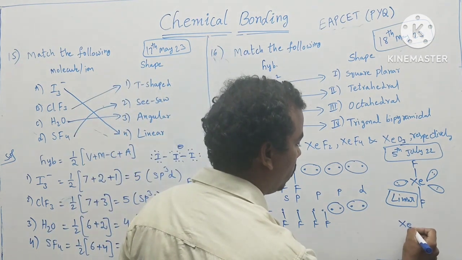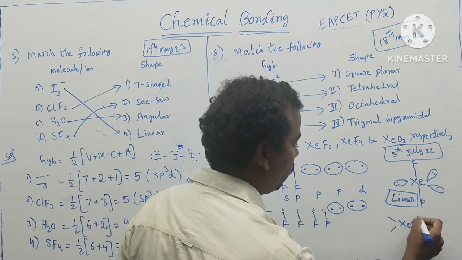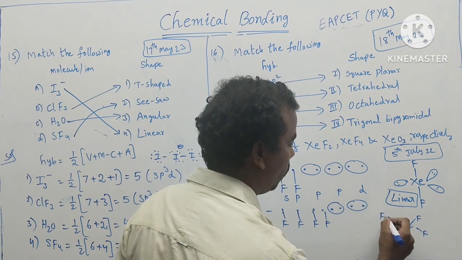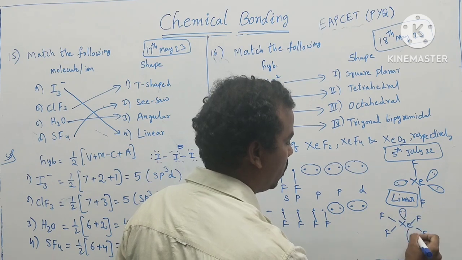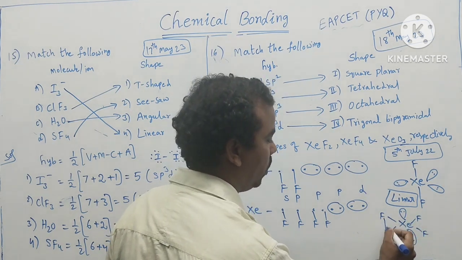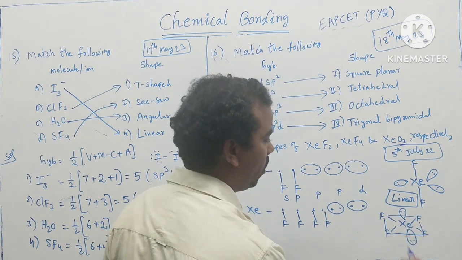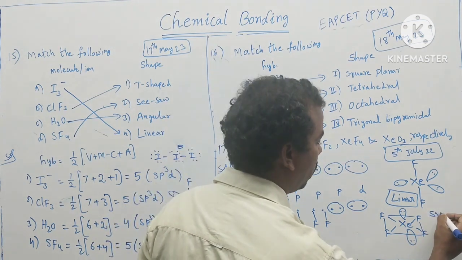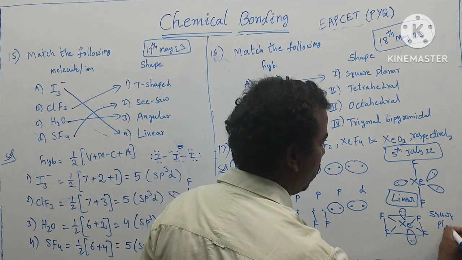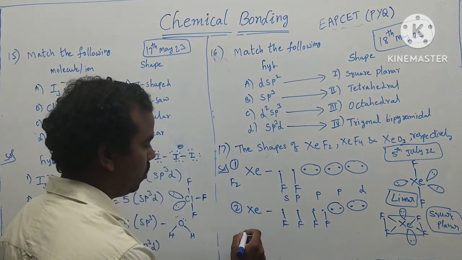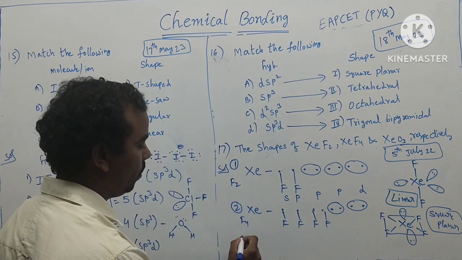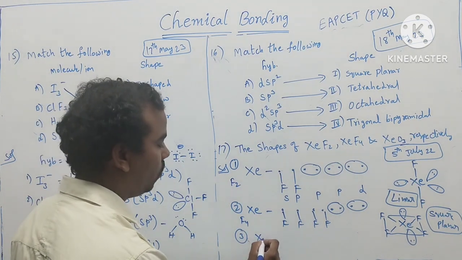So the shape of the molecule XeF4: 4 fluorine atoms are in a square planar manner. So the remaining 2 lone pairs are above the plane and below the plane. So it is square planar. The shape of the molecule is square planar. XeF4 square planar structure. Next, the third one, XeO3.